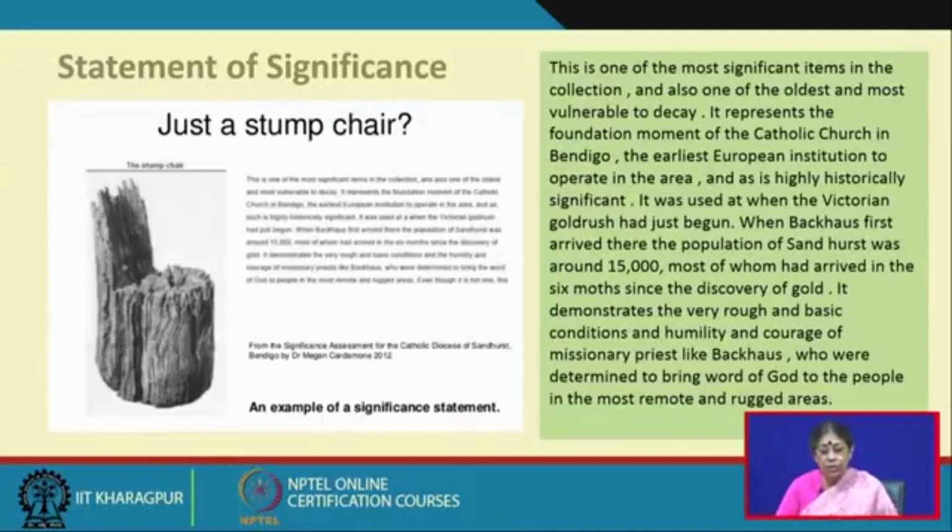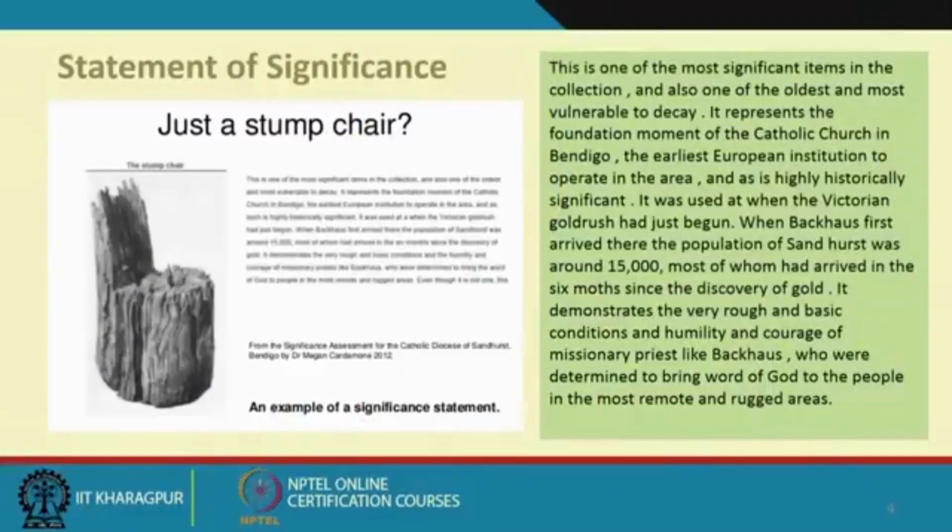So, this is an institution in a particular area where the settlement of the white Europeans in Australia started, and it is highly historically significant. It is historically significant because it is related to the Catholic Church in Bendigo. It was used when the Victorian gold rush had just begun. If you know the history of Australia, there was a gold rush.